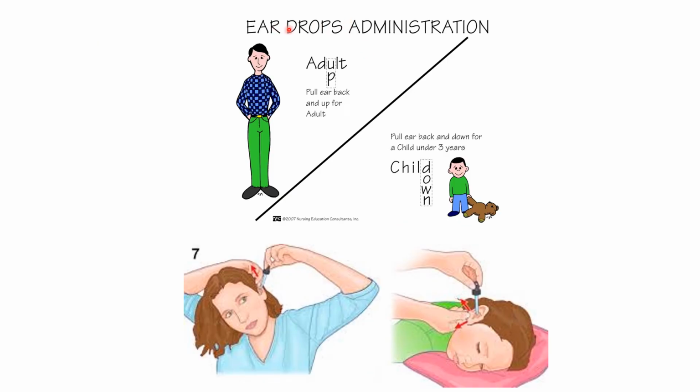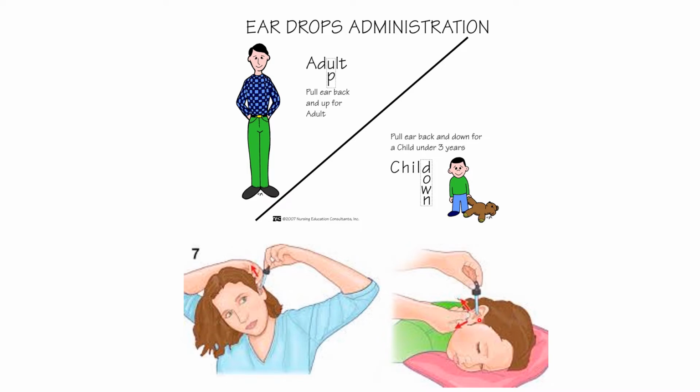For the eardrops administration, you need to know that the external canal has a different shape depending on the age of the person. For that reason, in children that are 3 or younger, you need to pull down and back the earlobe to administer the eardrop and make the drop go deep in the external canal.